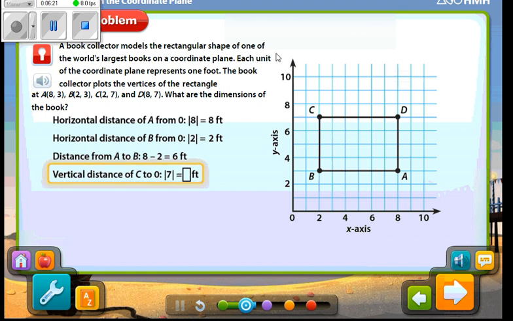We're looking at the y-axis because we're going up and down. So we start over here, which represents 0, and we go up 1, 2, 3, 4, 5, 6, and 7 to get to C.